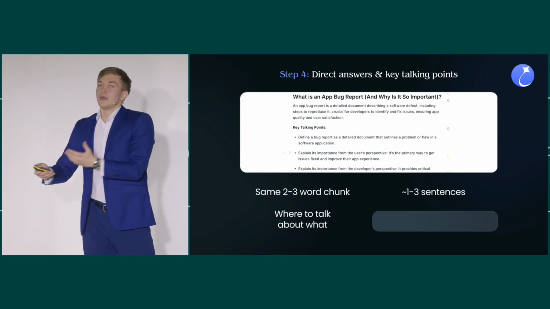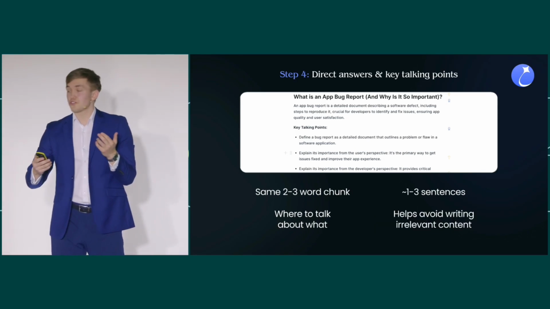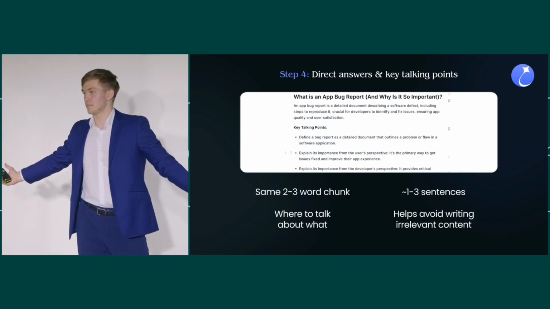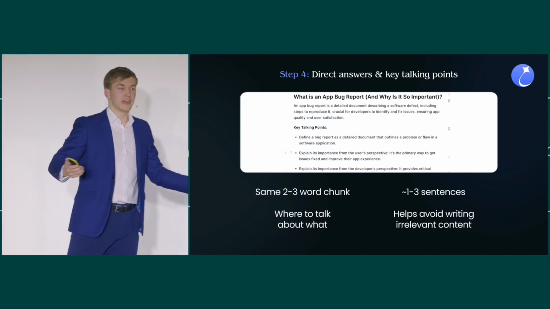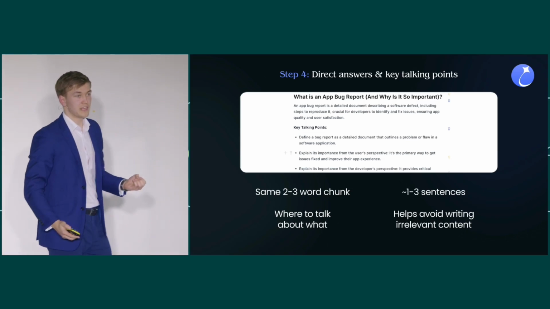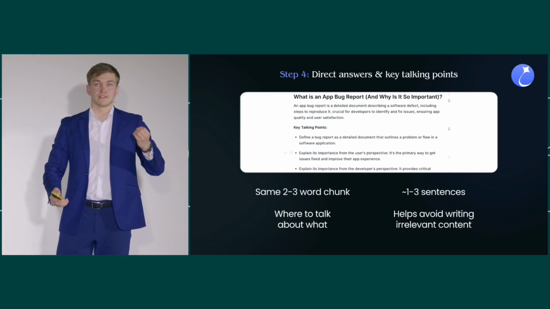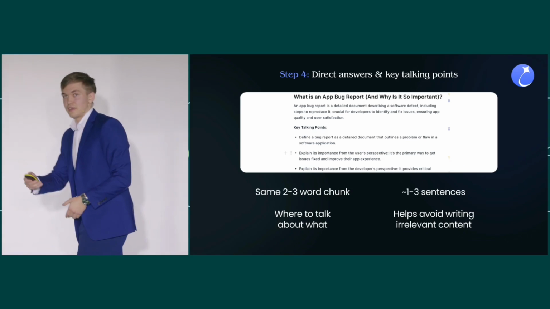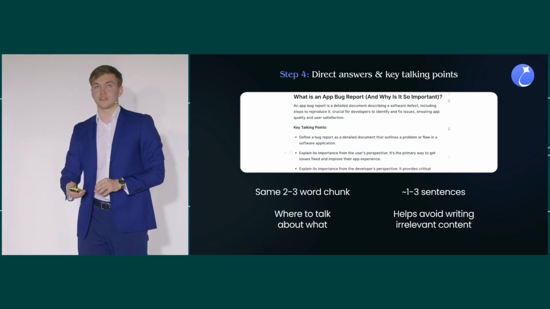Besides that, it also helps me avoid wasting time, right? Content writing can be a huge waste of time if you're purely writing all kinds of fluff, and that's also where it's important to be careful with AI. So those are the main things that I do before actually drafting.